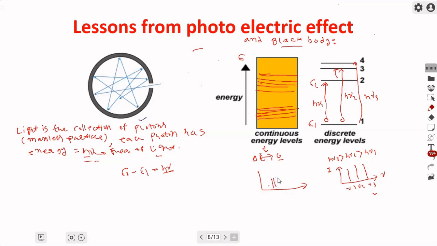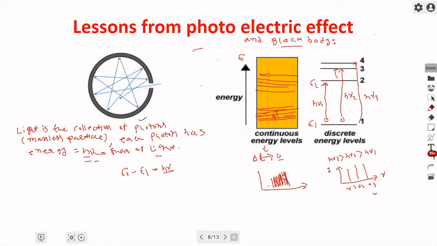The wavelength that is absorbed covers all kinds of frequencies, because the energy gap is low. Let's say from here to here, we need a frequency of nu1. Again, from here we need the energy gap E2. But as this energy gap is very low, the difference in energy between these frequencies is also very low.